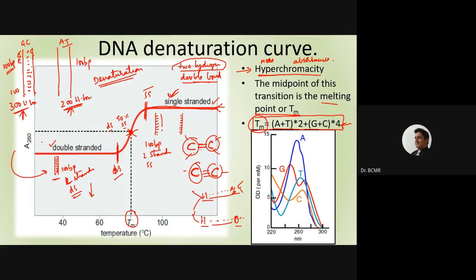Midpoint or the melting point or Tm is the temperature at which 50% of double-stranded DNA has denatured. That's how you can also see it. Or you can say the sample has 50% in single strand or denatured and 50% in double strand nature, something like that.